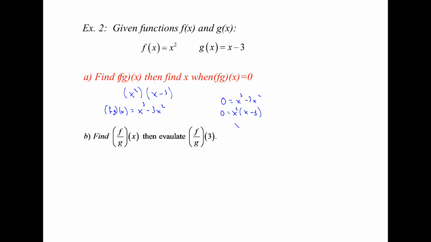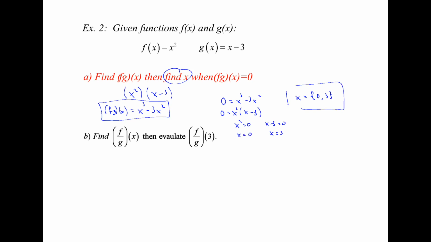And so now we know x squared could equal 0, which means x is equal to 0, and x minus 3 could equal 0, so x could equal 3. So it says find x when that is equal to 0. So x, as we said, could equal 0 or 3 for that one. So we have two answers here. Here's the product, and then there are the solutions when it's equal to 0.